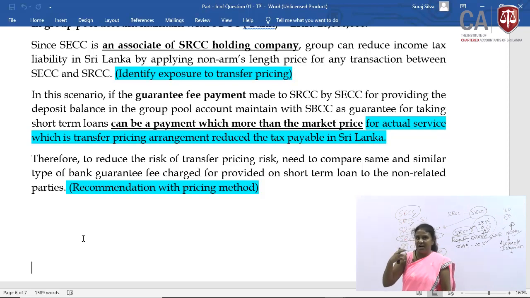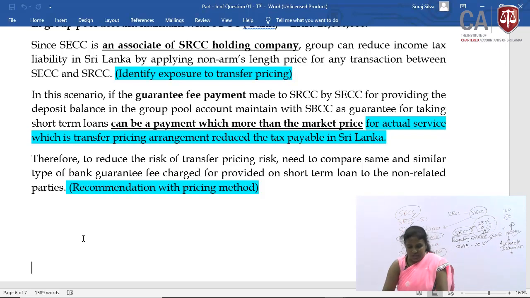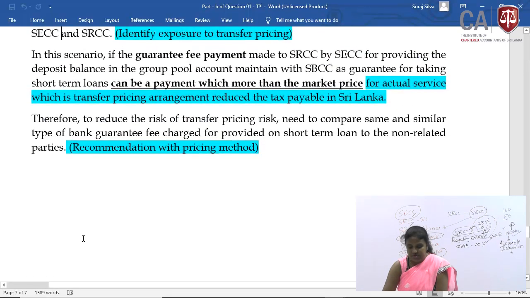We are charging more than the market price. Therefore, is the expense of SCCC high or low? It's high. For the actual service, this transfer pricing arrangement reduces the tax payable in Sri Lanka.